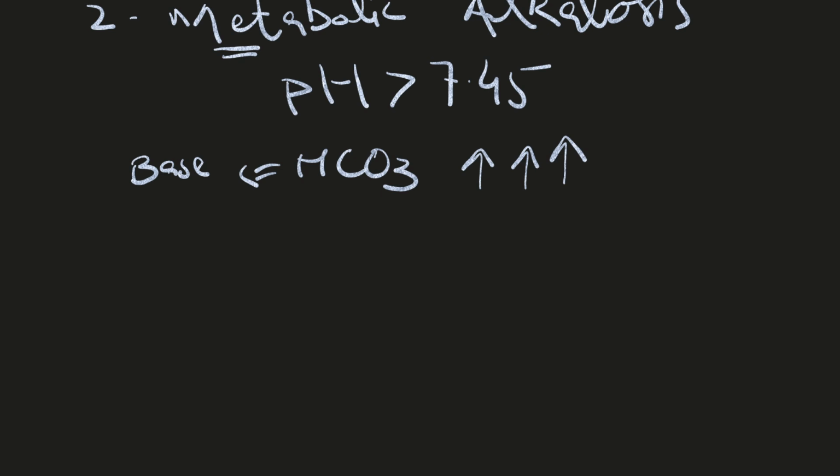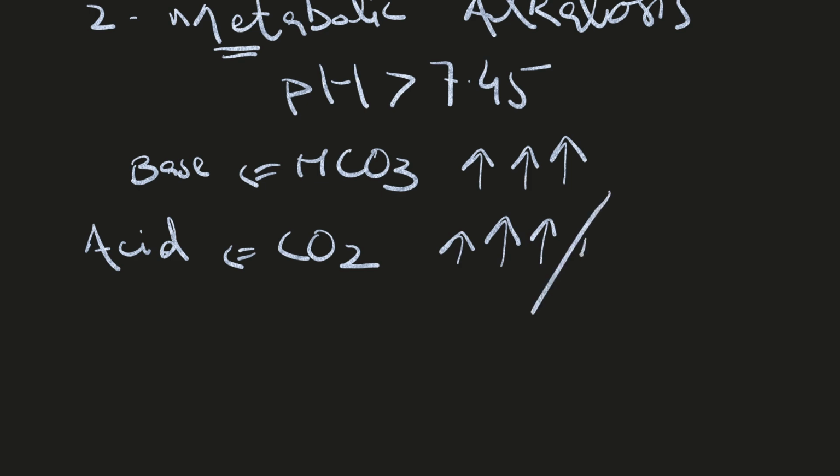As a result, to achieve the equilibrium, what will happen to CO2, which is an acid in nature? To bring the body towards the normal side, the CO2 levels in the blood should increase. However, it could be normal. I will be talking about this normal stuff in a little while.